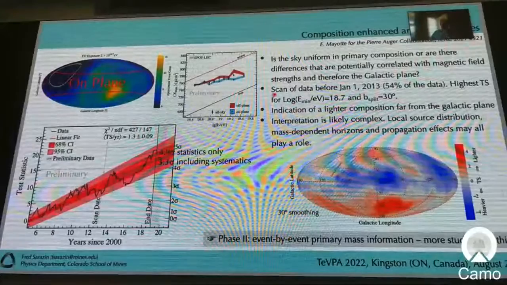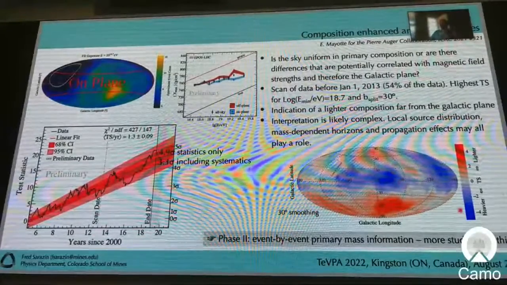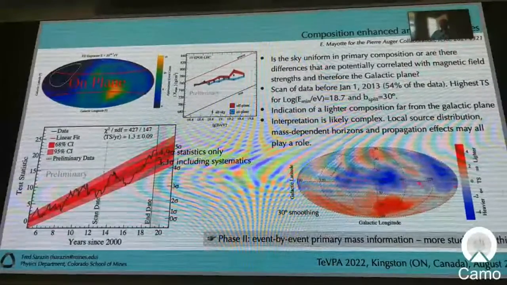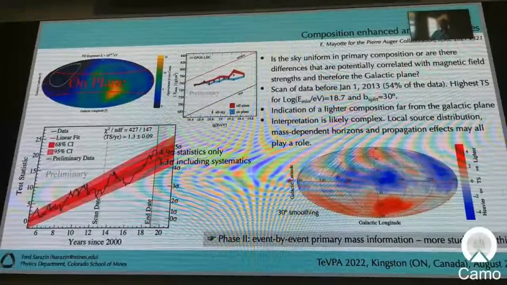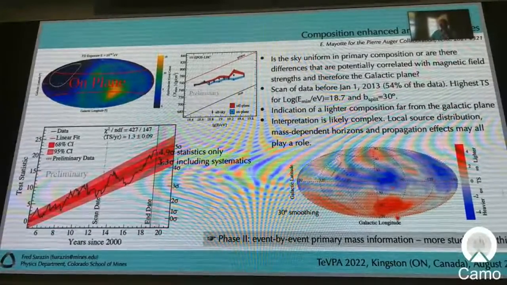So you can do this, and I'm not going to go too much into detail. You get the pattern of this, which indicates that indeed it looks like you have a linear composition and lighter composition.